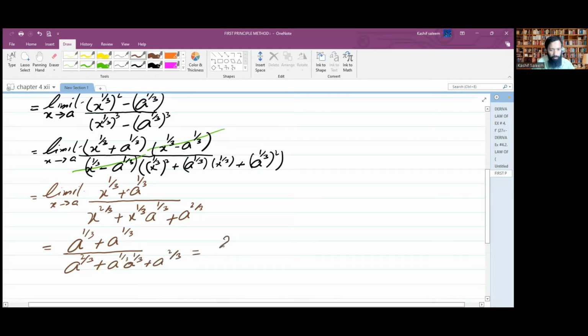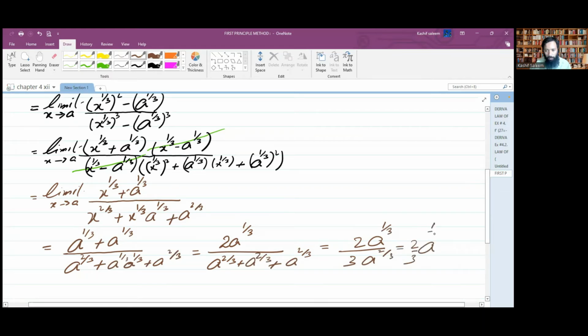What you will get is 2 a to the power 1 upon 3, divided by a to the power 2 upon 3 plus, since the bases are the same, we can add powers, so 1 upon 3 plus 1 upon 3 gives a to the power 2 upon 3. So we have a to the power 2 upon 3. So this is 2 a to the power 1 upon 3 upon 3 a to the power 2 upon 3. If we subtract powers here, this is 1 upon 3 minus 2 upon 3.